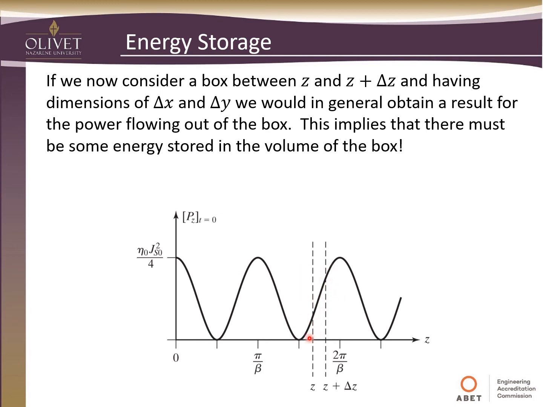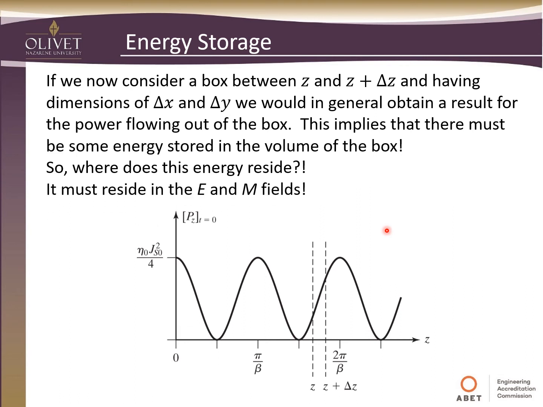This is a very important concept, and it demonstrates that energy is stored here. But where does this energy reside? Well, the only explanation can be that it must reside in the electric and magnetic fields. So this is showing us mathematically that these fields store energy.